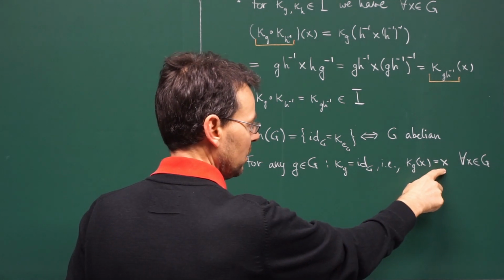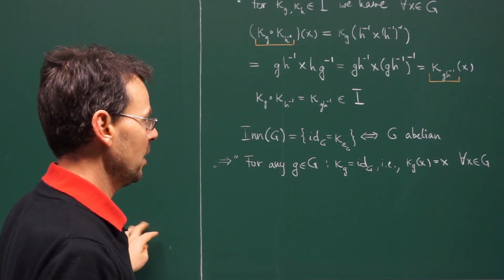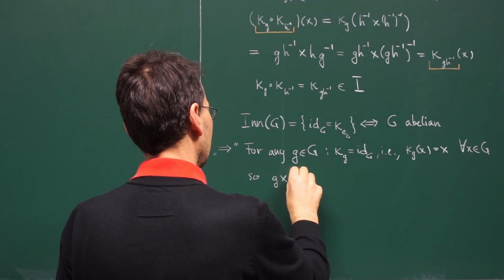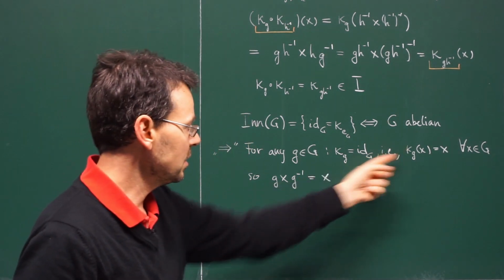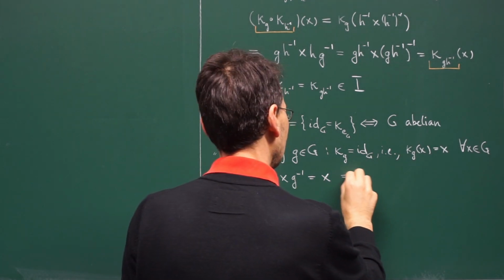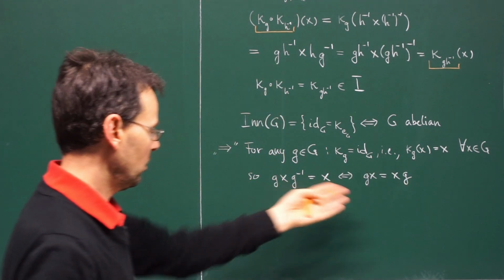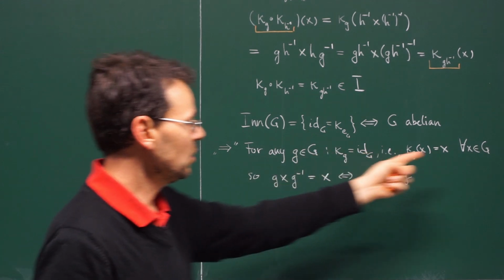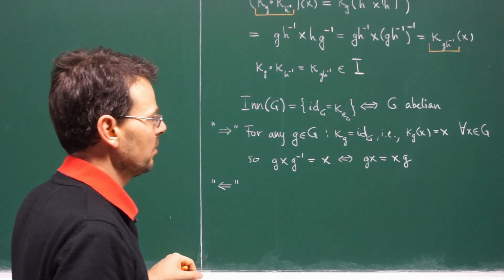This means exactly that kappa sub G is the identity of G, means that no X gets moved when I apply kappa of G. But that means that for all X we have this here, because this is kappa sub G of X, and this clearly means that G is abelian. Or you could multiply this from the right by G, then you end up with this, and this holds for arbitrary g and x, so we know that G is abelian. And the other direction is similar.